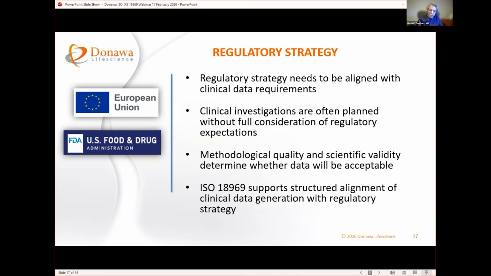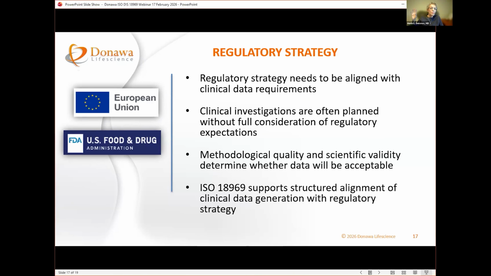So the importance of 13485 in terms of design controls and in terms of risk, fine. But regulatory strategy is key, clearly, because when you are launching a new product and you go to all the trouble to do that, and then you find out that you've not met the regulations, it is tragic. So the regulatory strategy needs to be aligned with the clinical data requirements.